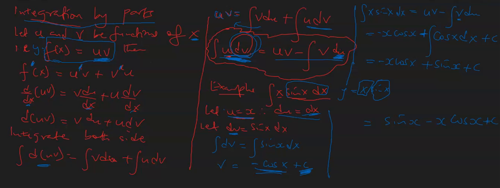That is the integral of x sin x with respect to x. We get sin x minus x cos x plus c, since it is an indefinite integral, and that is the technique of integration by parts.